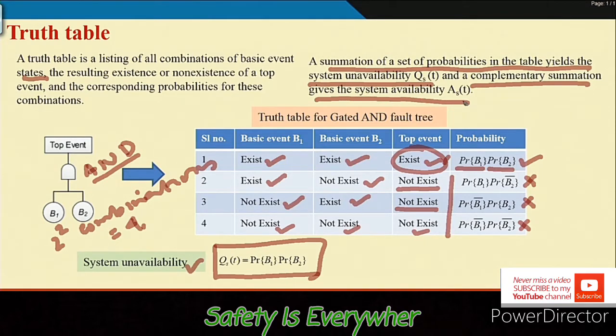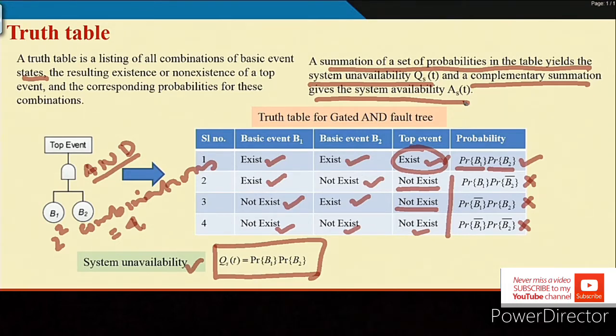This is what a truth table is. In a truth table you find all possible combinations, and then you find for which combinations the top event exists, meaning system failure takes place, and for which combinations the top event does not exist, meaning system failure will not take place. Basically, you can find the combinations with the system states, whether it is failing or not failing.